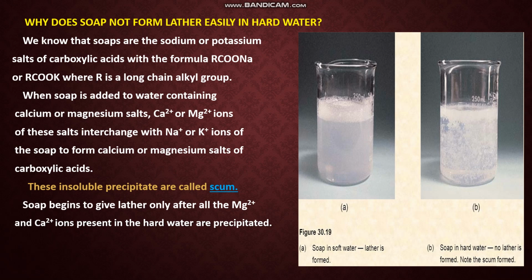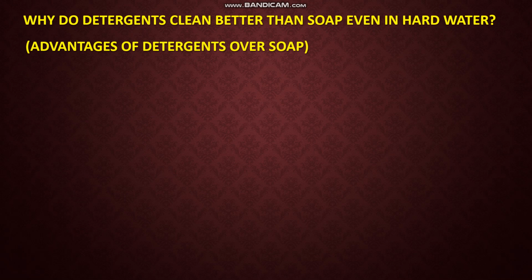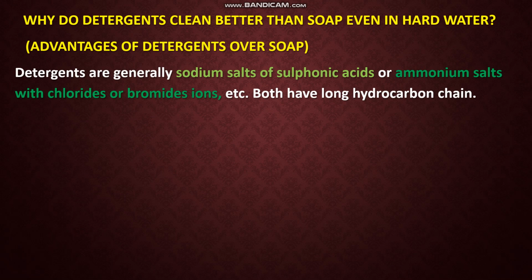This problem is overcome by using another class of compounds called detergents as cleansing agents. So let us see why detergents clean better than soap even in hard water, or what is the advantage of detergents over soap. We have seen soaps are the sodium or potassium salt of a long chain carboxylic acid.